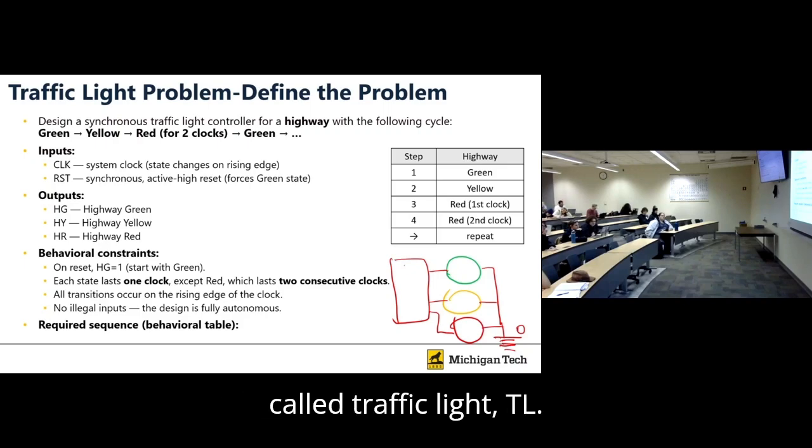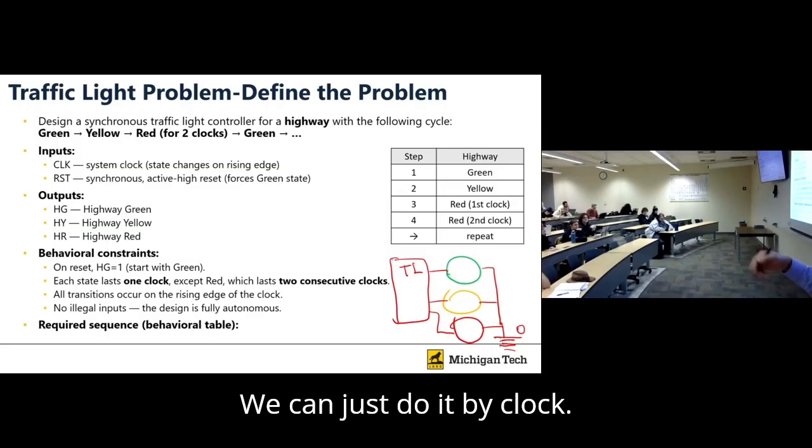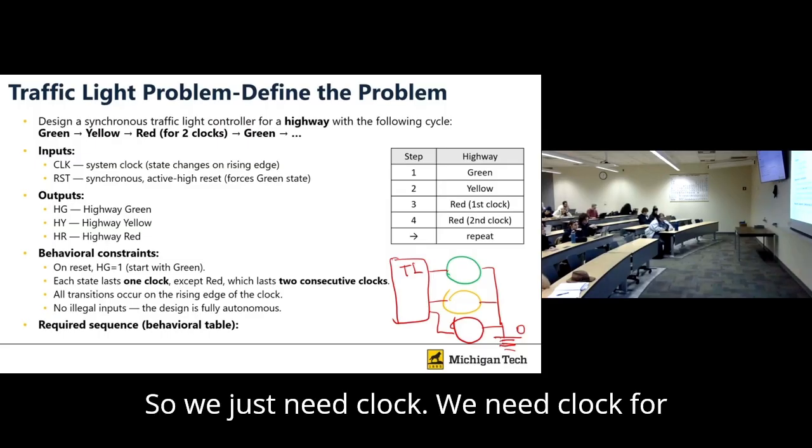Okay, so we want to design this circuit. This circuit is called traffic light, TL. What inputs do we have? Do we need input for traffic lights? We can just do it by clock. So we just need the clock.